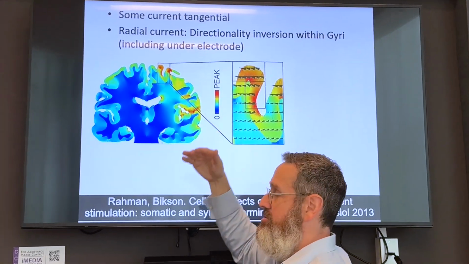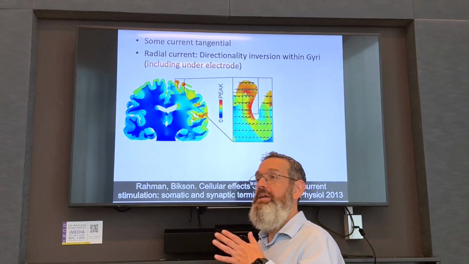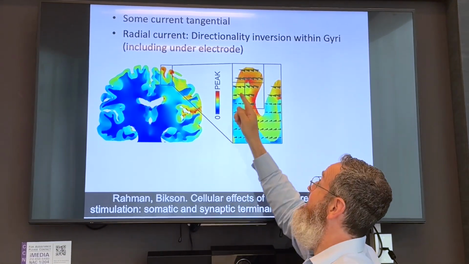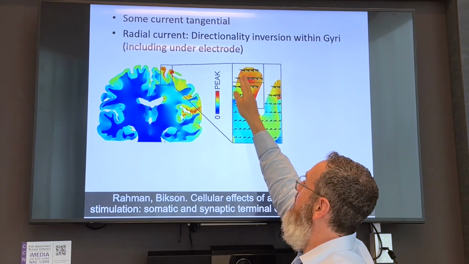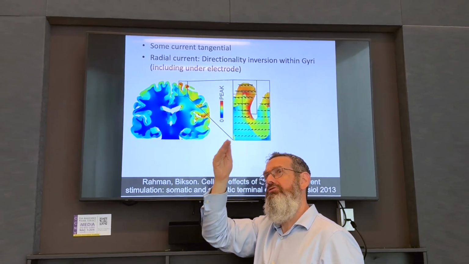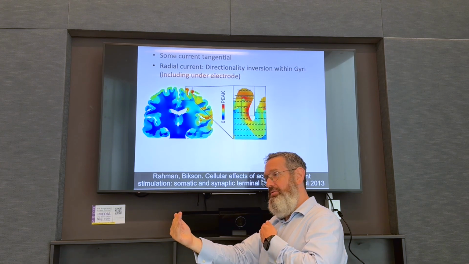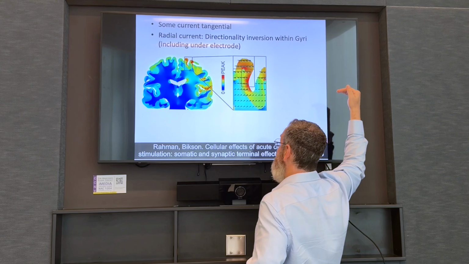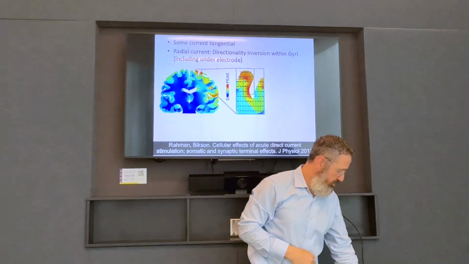Here, the surface is on this side. We have radial going that way. So this is radial in, and this is radial out, and we have some tangential here on top. You can see why the fact that the brain is so folded inevitably creates this sort of alternating in-out pattern as the current washes through.